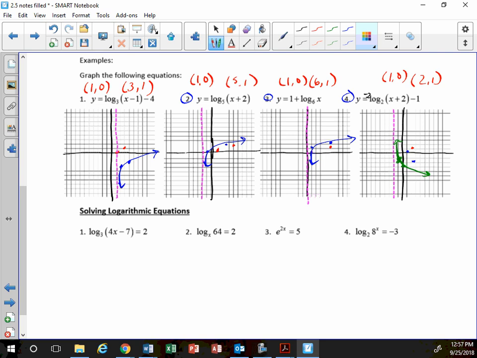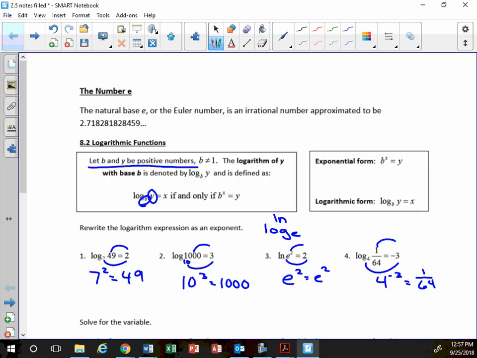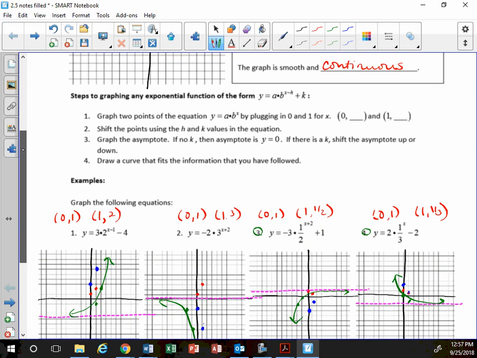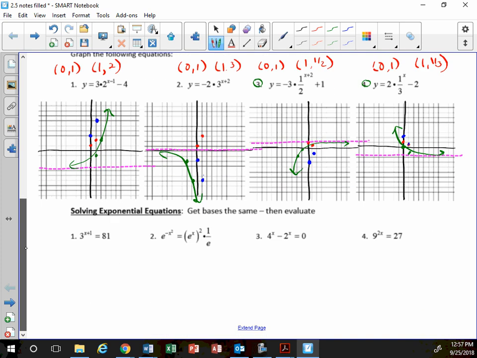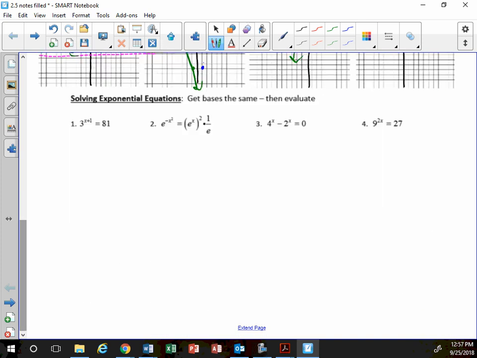All right, so let's go back and look at some of these other solving pieces. So solving exponential equations. So we're jumping back. This was below the graphing exponentials. Sorry to make you jump around a little here.